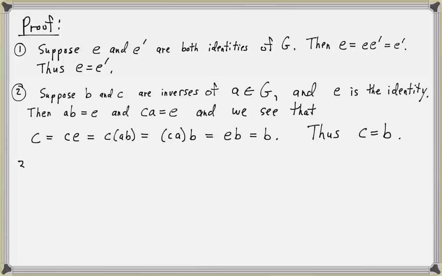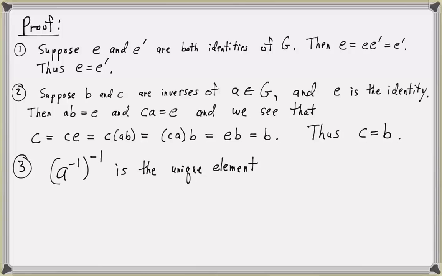Now for the proof of 3. Consider this expression, the inverse of A inverse. By definition of an inverse, this is the unique element. Now we know that inverses are unique.